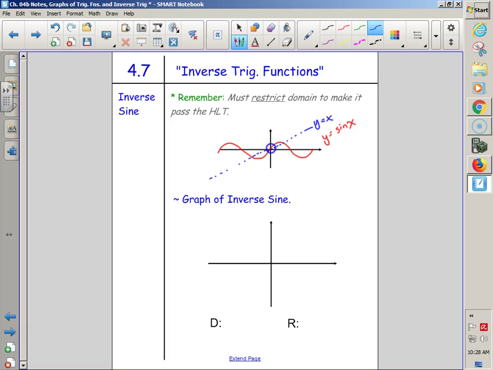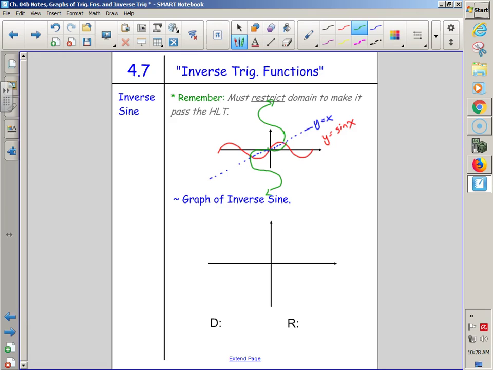Which, in a way, doesn't seem like that big a deal until you get a really tricky sine. But maybe some of you can realize, okay, if I flip it piece by piece, going in a very similar fashion, instead of around the x-axis, it's going to be going around the y-axis.